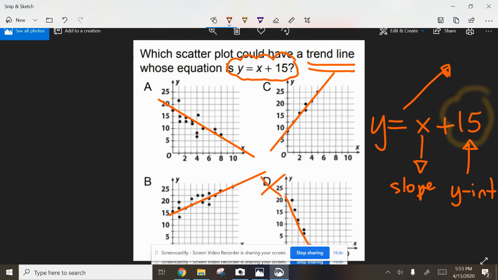This kind of helps you now. Look at your lines. Which one has a y-intercept, that means it touches the y-axis, of 15? And if you're still struggling with y-intercepts, where does it touch the y-axis? At plus 15. And hopefully you can see your answer is B, and that's how easy it could be. All right. All right, let's go.